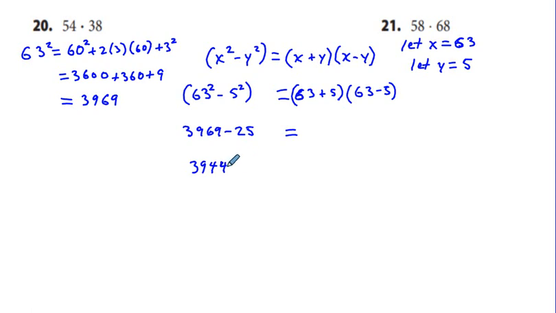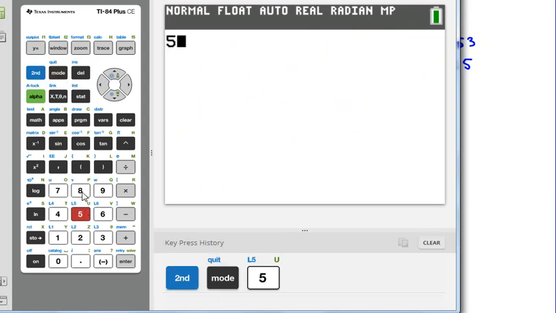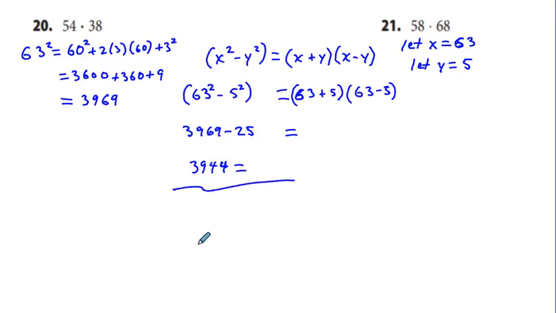So this should be our answer right here. And I'm going to check using a calculator. So 58 times 68 should be 3944. Please be 3944. There it is. It checks out. So those are all the odd number problems worked out in this set.